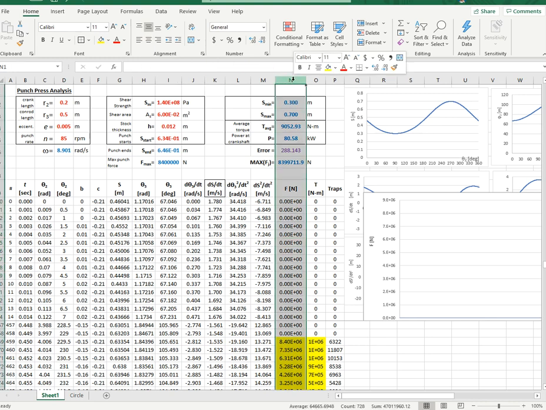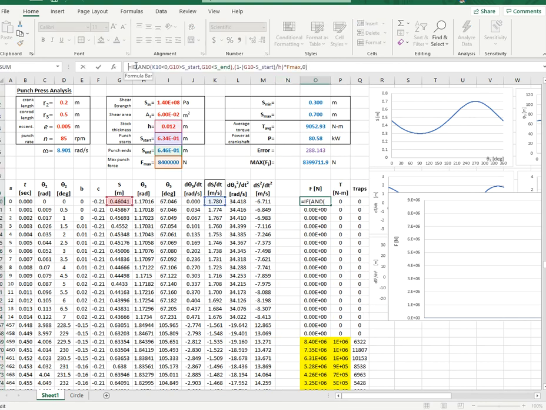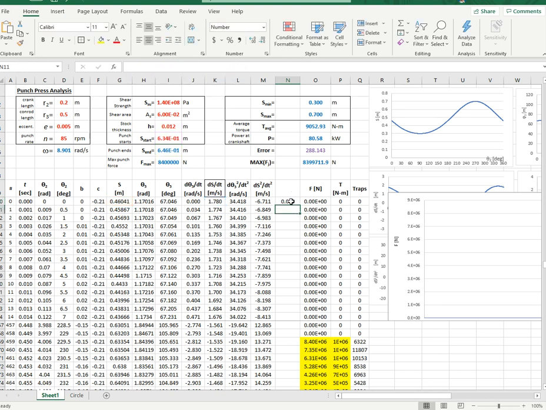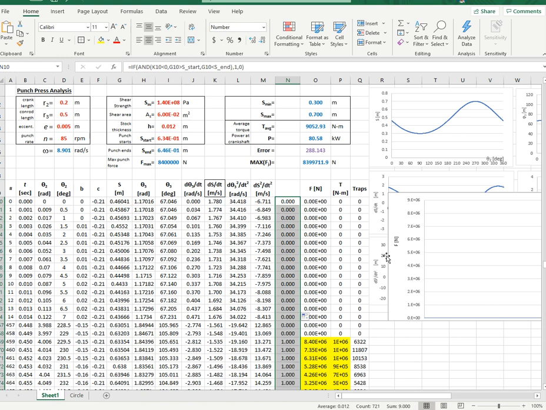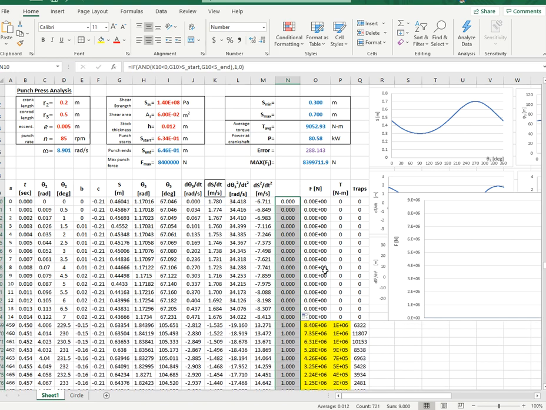Let's see, I could insert, and I could take this one, and this is 0 or 1, equals 1 or equals 0. Okay, and expand it all the way down, and as you can see, it turns to 1 when the punch is in contact with the workpiece, and it's 0 otherwise.